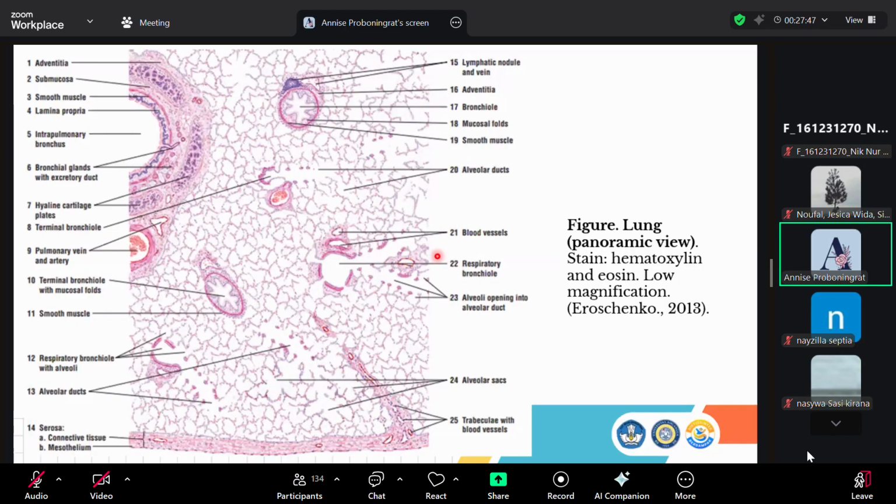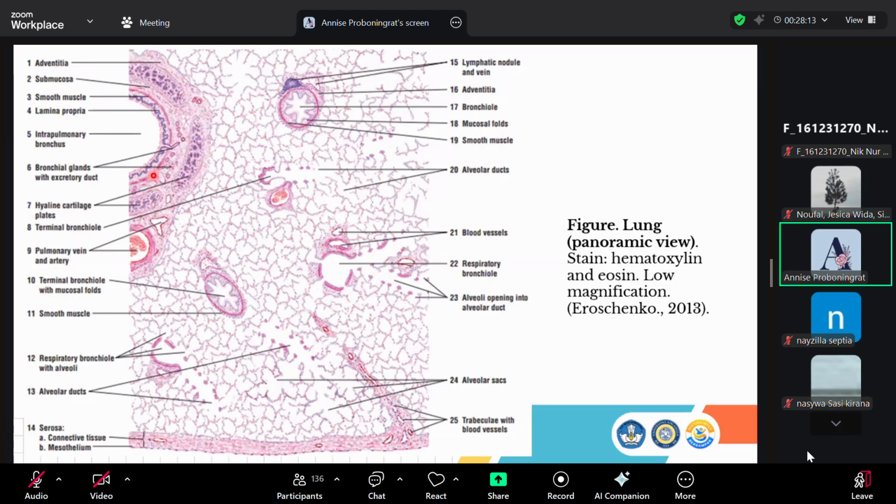And then this is the normal histology of the lung. We can see some structures that normally become components of the lung. This is the intrapulmonary bronchus.